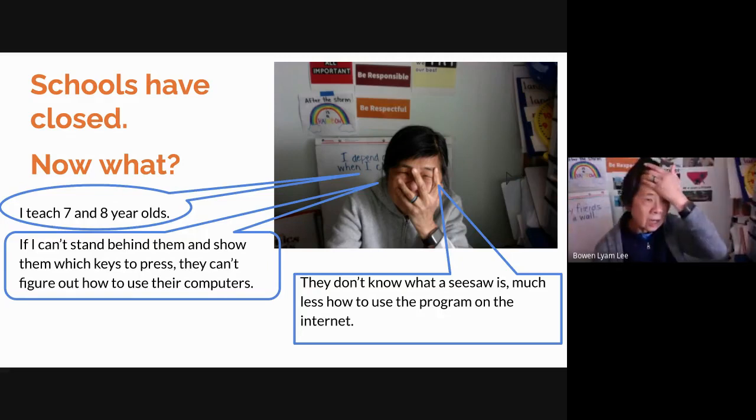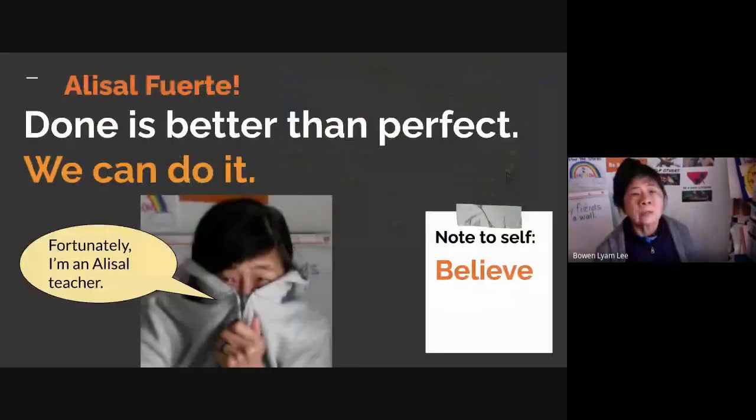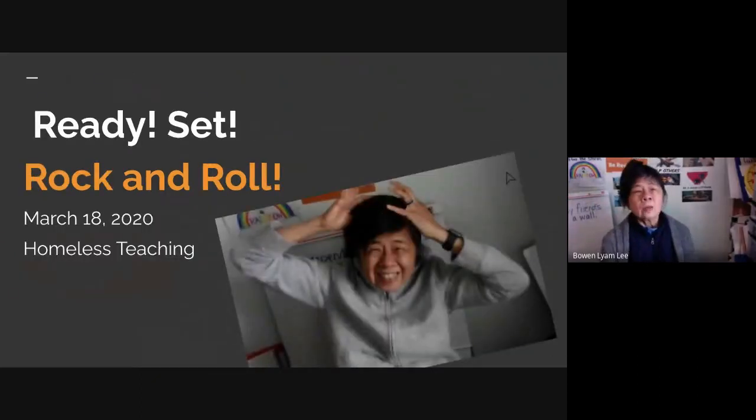But here's what Josh always told us: done is better than perfect. And we can do it. So you just had to believe that it was going to be possible. So we had to completely leave the schools. And on March 18th, I was ready to rock and roll.